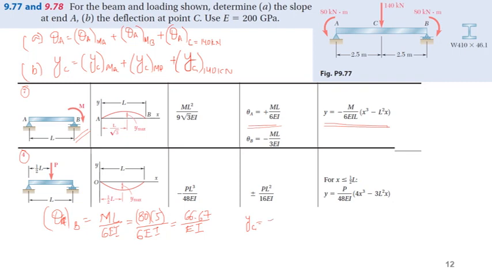So that will become minus M divided by 6 times EIL, times x cube minus L square into x, and this will be equal to 80 divided by 6 times EI, L is 5, the total length of the beam, times 2.5 cube minus 5 times 2.5 square, and YC due to MB.